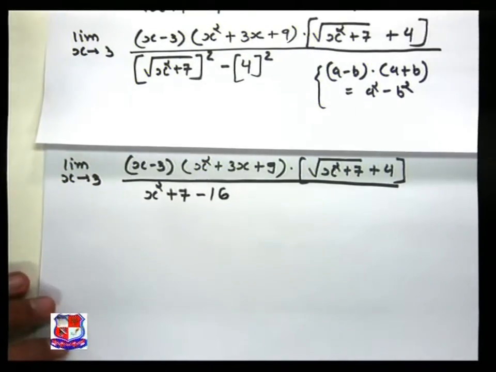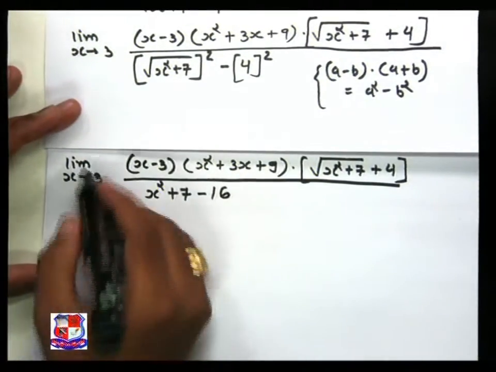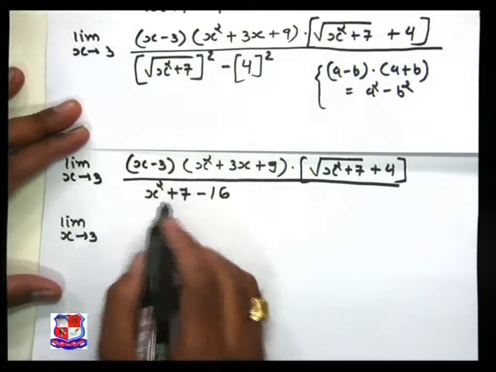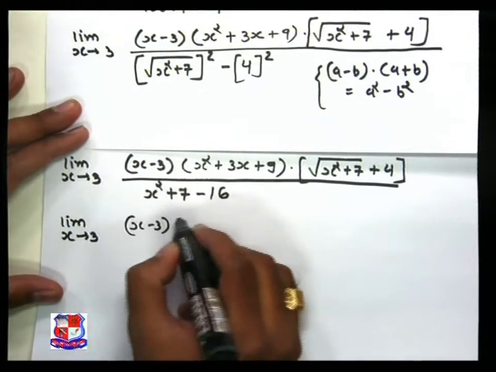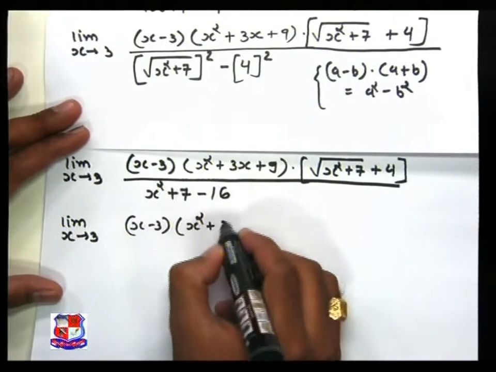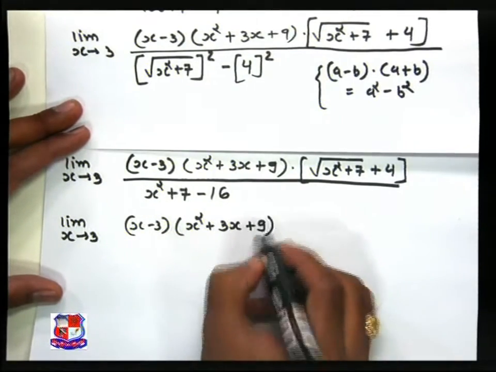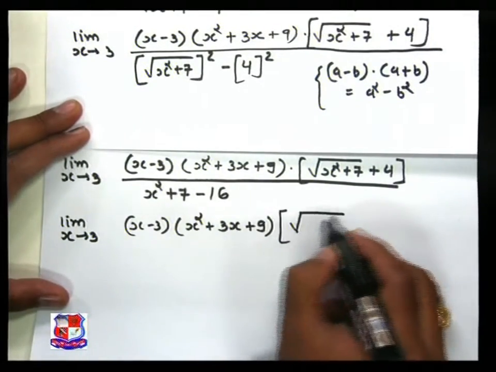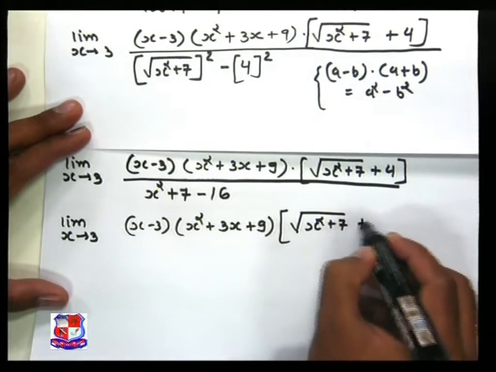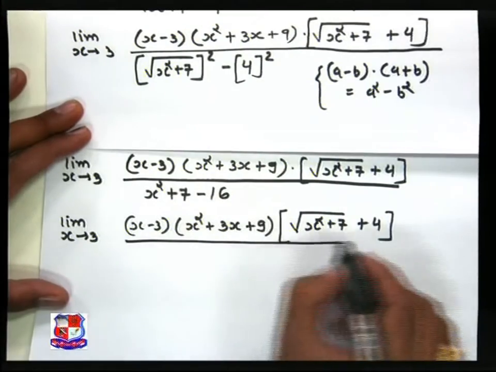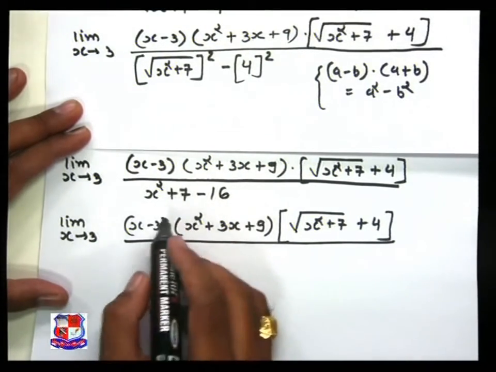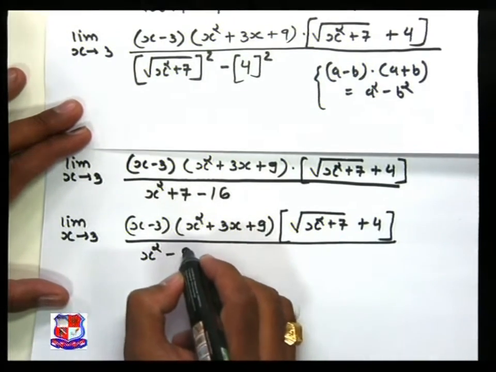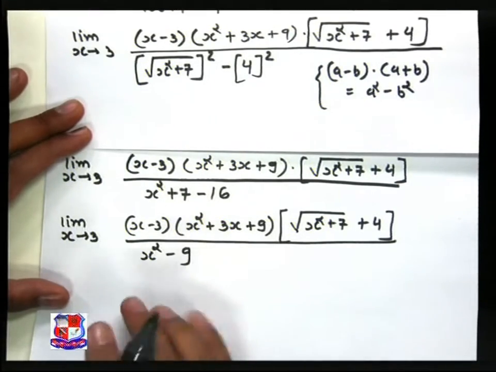So again we want to simplify our denominator term. So here limit x tends to 3, we write this term as it is, x minus 3, x square plus 3x plus 9 as it is, this term also as it is, x square plus 7 plus 4, divided by x square as it is, and this plus 7 minus 16, the result is 9, and minus 16, the result is minus 9.